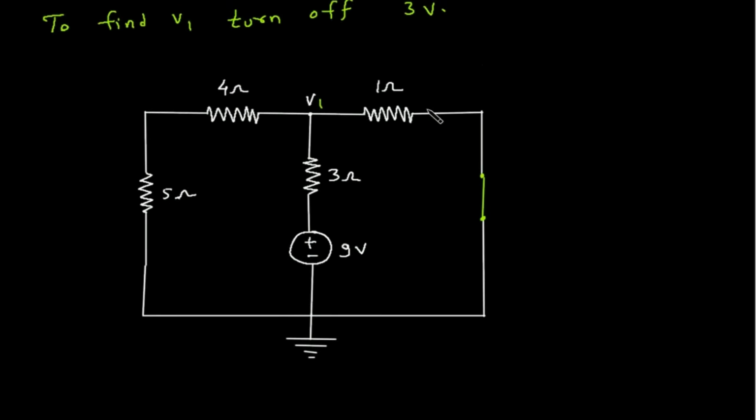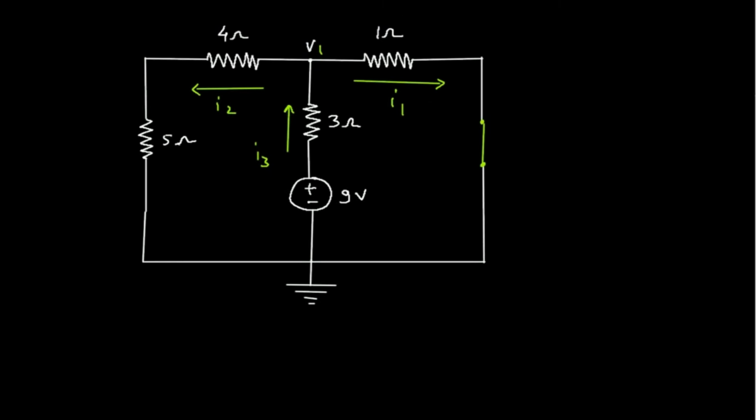Now if we apply nodal analysis, then let's say this is current I1, this is current I2, and this is current I3. So if we apply KCL here, summation of all the entering current at this node is I3.